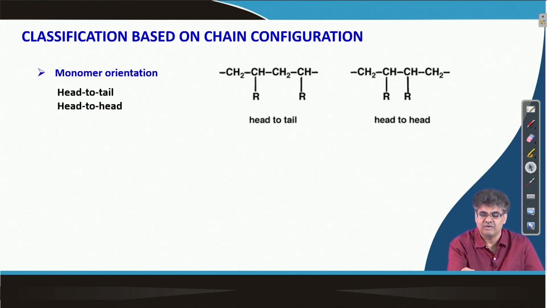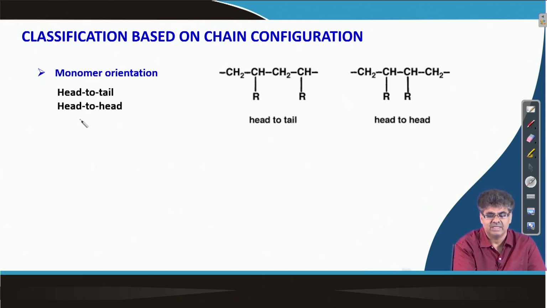Depending on the chain configuration, we can classify polymers in different ways, like how the monomer is oriented in a polymer chain. It can be either head to tail or head to head.